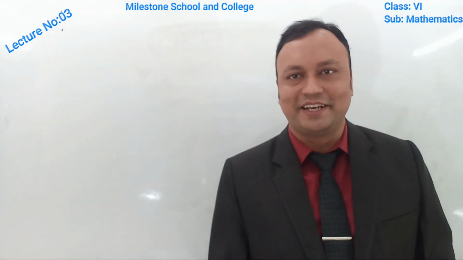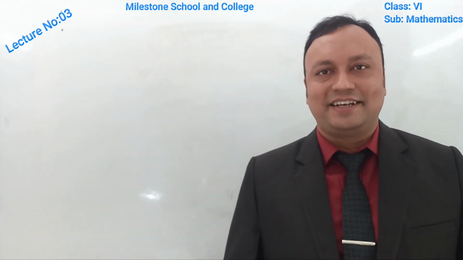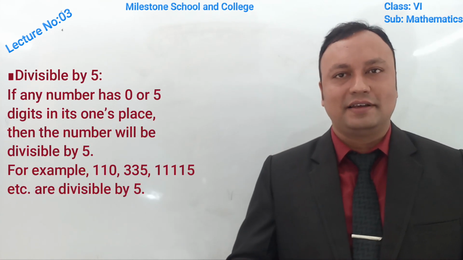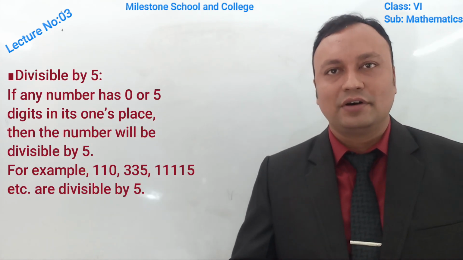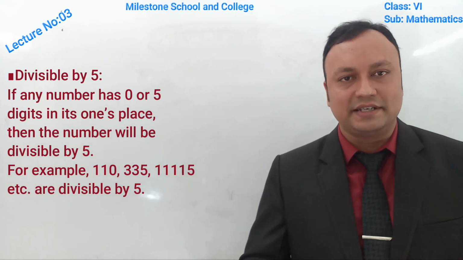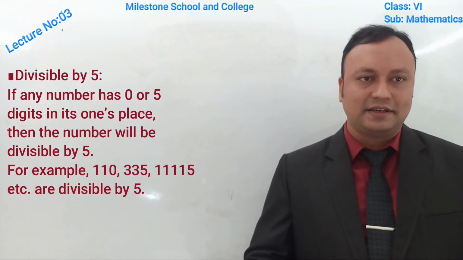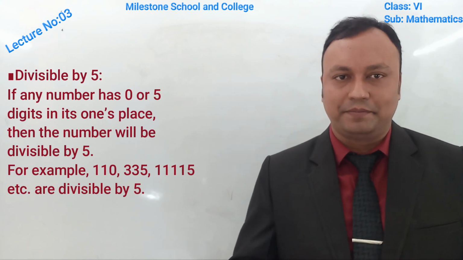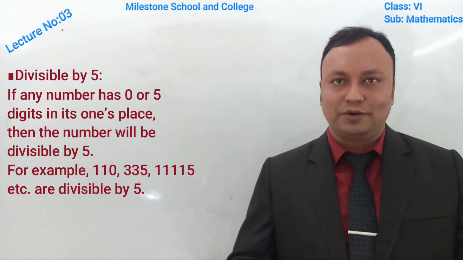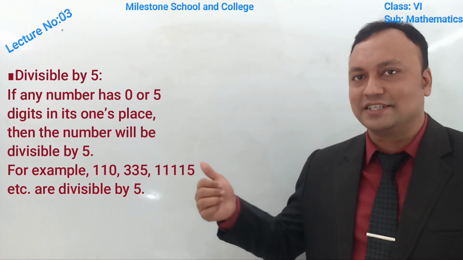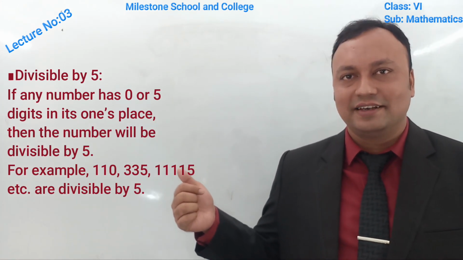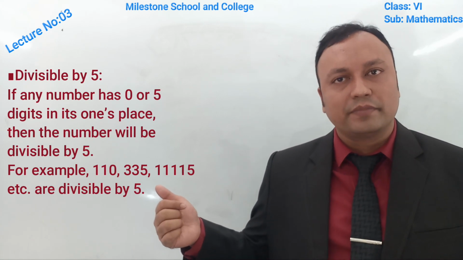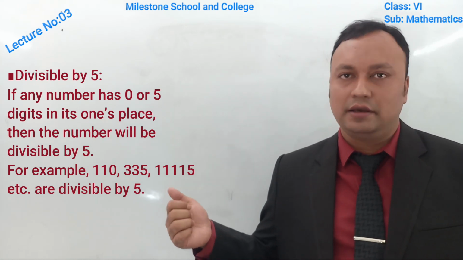Now, my dear students, divisible by 5. If any number has 0 or 5 in its ones place, then the number will be divisible by 5. For example, 110. As you can see, 0 is in the ones place, so this number will be divisible by 5.